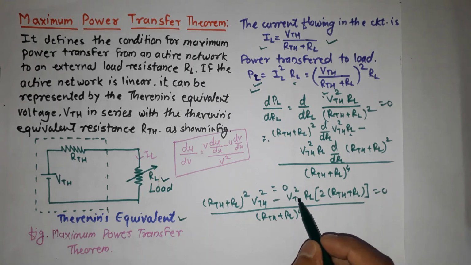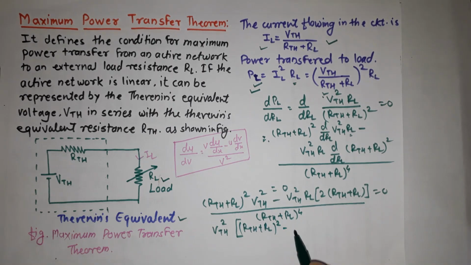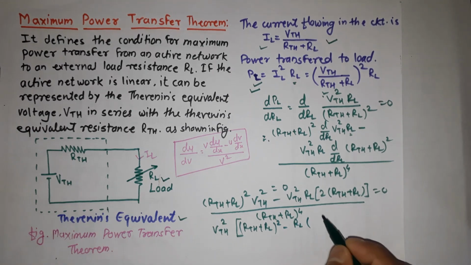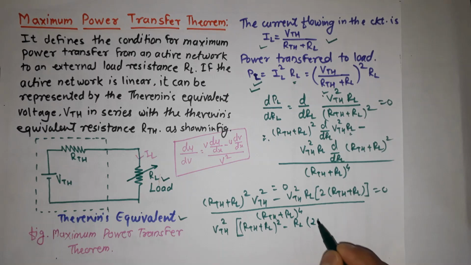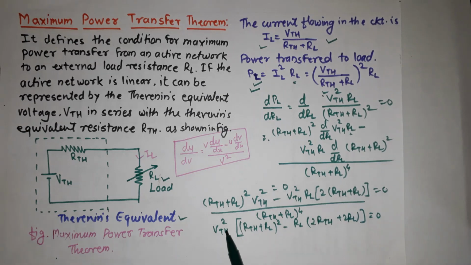Here we take VTH square common, so the remaining is RTH plus RL the whole square minus RL into 2 RTH plus 2 RL, is equal to 0. Again VTH square will be divided out and it will equate to 0.